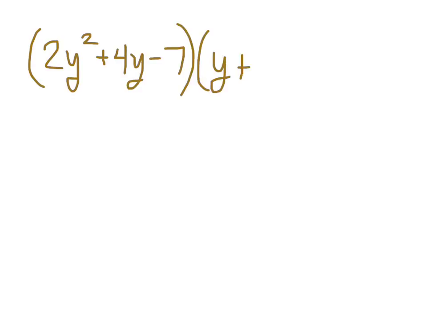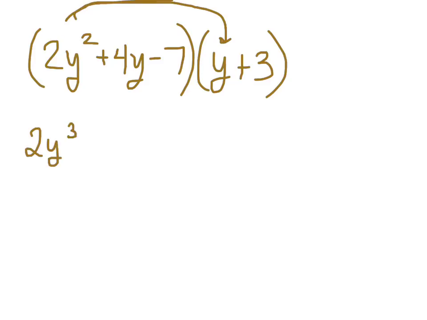What do you do for this one? What operation am I asking you to do now? Multiply, which a lot of people use the acronym FOIL for, right? So what's 2y squared times y? 2y cubed. What's 2y squared times 3? 6y squared.